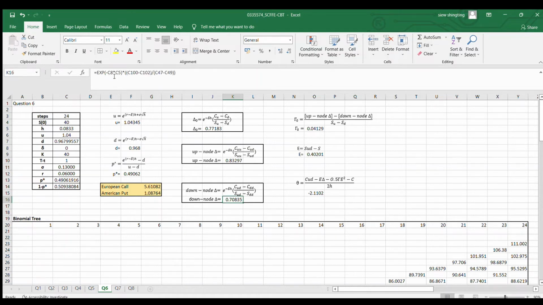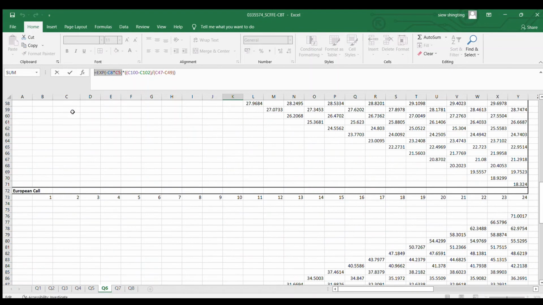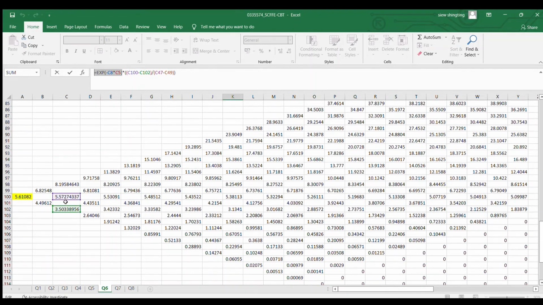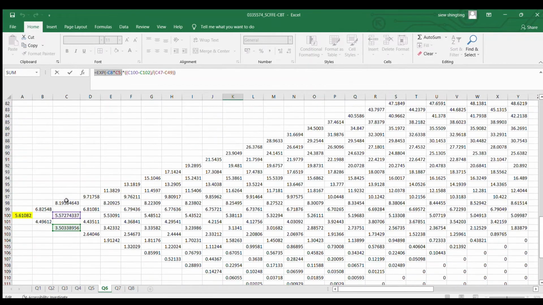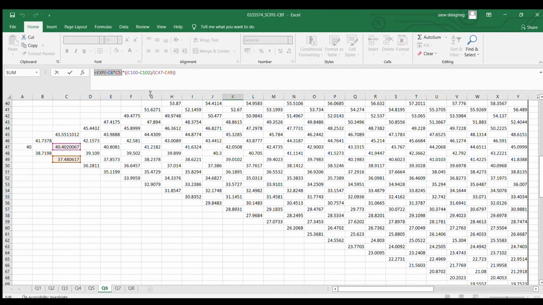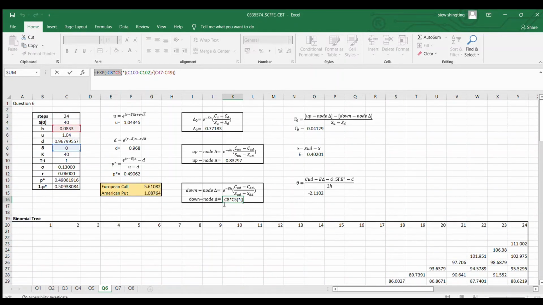So for this part, the exponential minus delta H is from here, and the CUD minus CDD is from period 2, the downside of the European call 5.57 minus 3.50, divided by the binomial from the binomial period 2, 40.4 minus 37. So after that, we can get the data for down node delta is 0.708385.